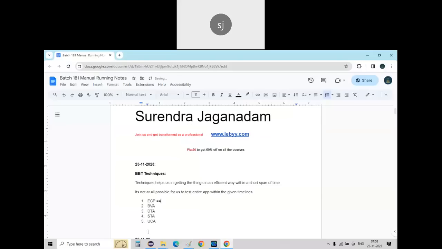Equivalence class partition. What it is saying is: identify the data and make sure that you have the data in the form of groups, and each group will give you the same output.